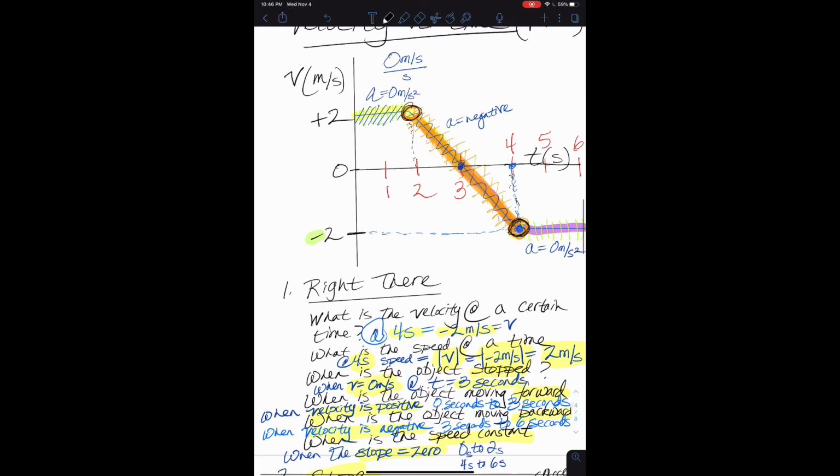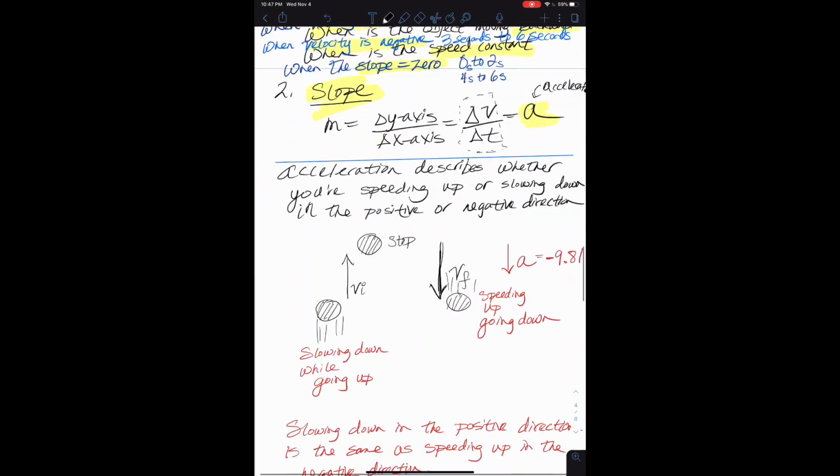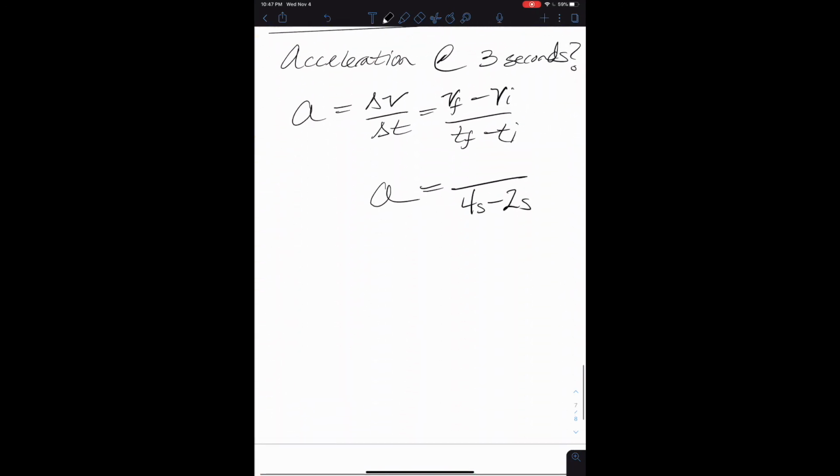All right, so at 4 seconds, our final velocity is -2. At 2 seconds, our initial velocity is +2. So we're saying -2 is going to be our VF, and +2 is going to be our VI.